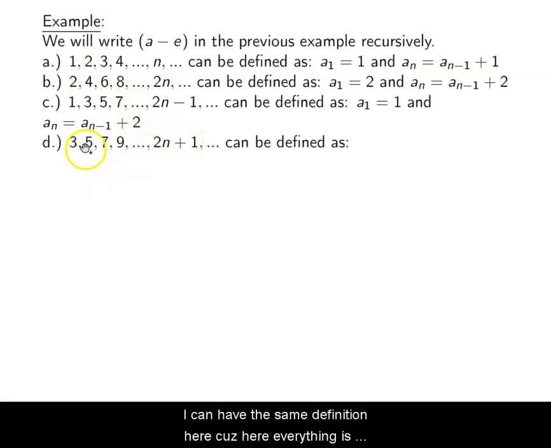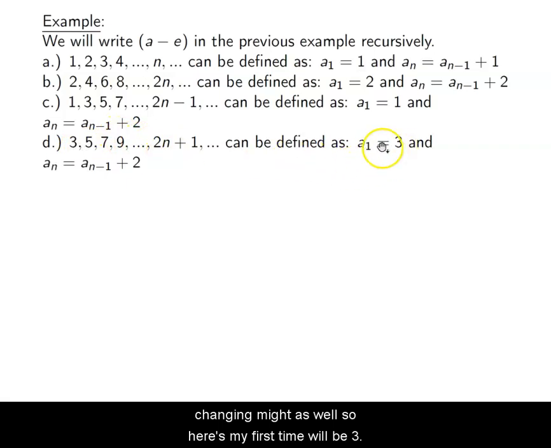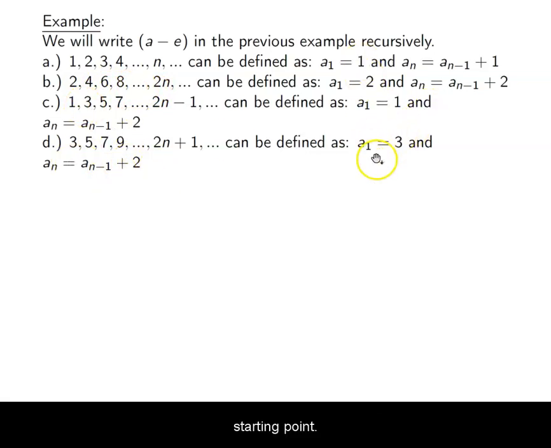I can have the same definition here, because here everything is changing by 2 as well. So here, my first term will be 3. And my next term will be found by the last term plus 2. So B, C, and D have the same recursive formula, but a different starting point. One starts at 2, one starts at 1, one starts at 3. But obviously they all change by 2 each time. So the recursive formula is the same, just a different starting point.